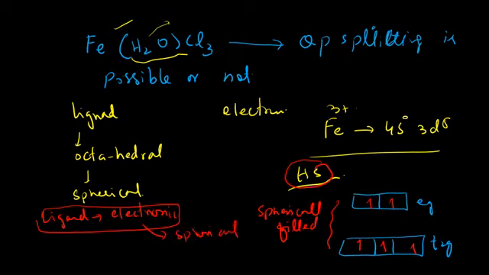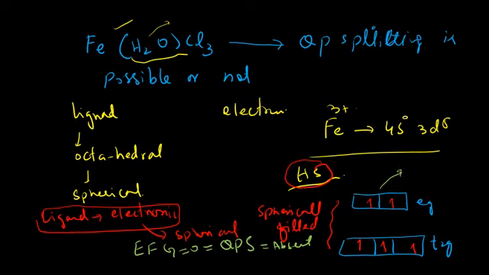When both symmetries are spherical, it means that the electric field gradient is equal to 0. Alternatively, it means that quadrupole splitting is absent, or not possible.